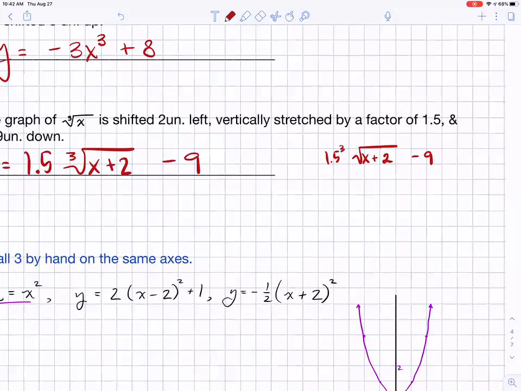Yeah, it looks like I've got 1.5 cubed times a square root, and that's not what it was. It was a plain old 1.5 to the first power times a cube root. Sometimes if you're being sloppy with your handwriting, it's difficult to tell what you meant. Your brain was thinking correctly, but I didn't know that because I couldn't read your mind.